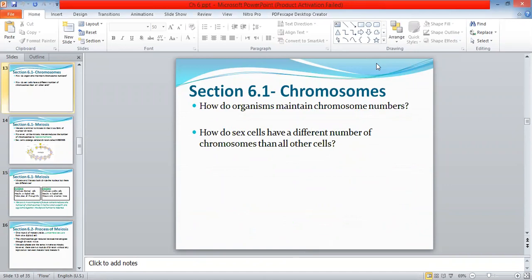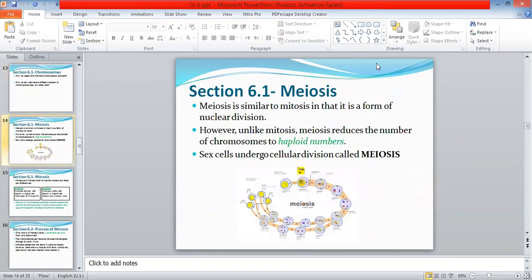There are two questions for you. Okay. This slide explains whether meiosis is similar to mitosis or not. Meiosis is similar to mitosis in the form of nuclear division.